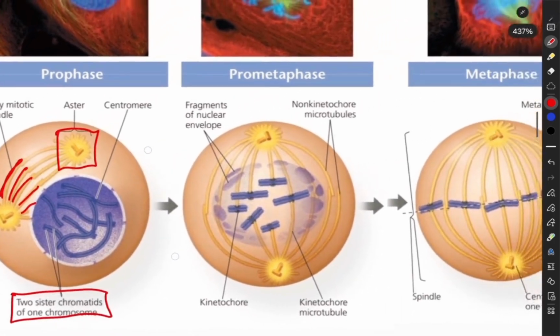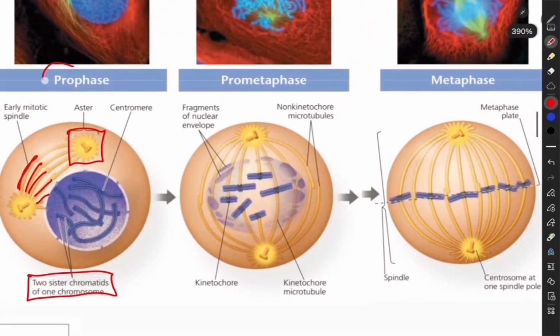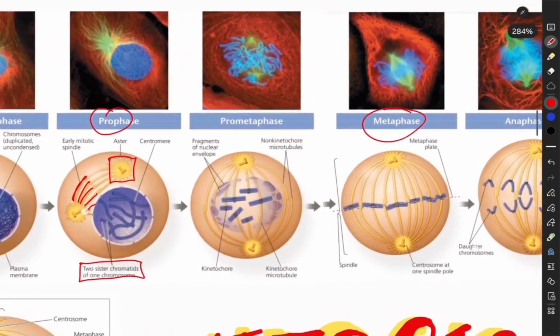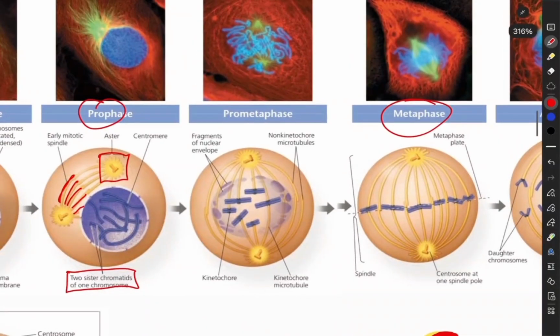Okay, so next, between the prophase and the metaphase, there's a transition phase called the prometaphase. Some books explain this, but some don't. I take this from Campbell, and they explain prometaphase, but I don't think in Cambridge they need this. But I'll just be explaining this stage.